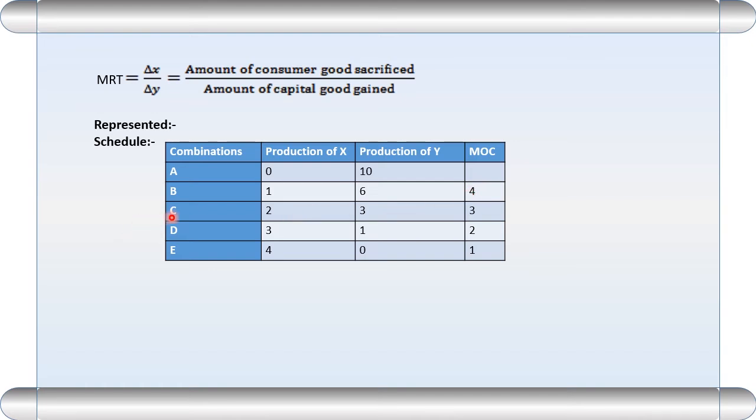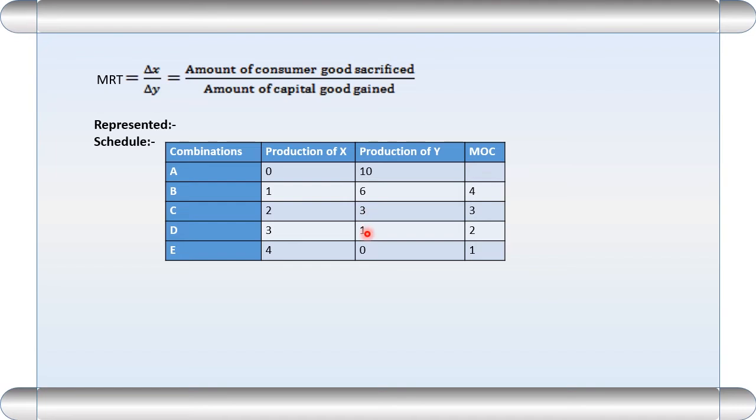Let us see the C option. Further, if we opted for the C option, then we can see there is a further fall in the production of Y and a gain in the production of X. Let us see how much the fall is. From 6 to 3, the fall is 3 units and the gain is 1 unit. So 3 divided by 1, that is 3. So MOC is 3. In option D, we can see the production of Y decreased to 1.